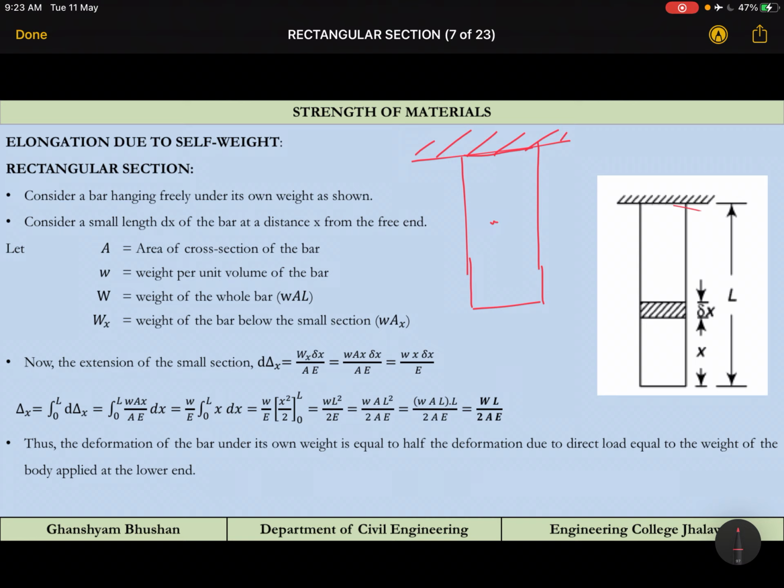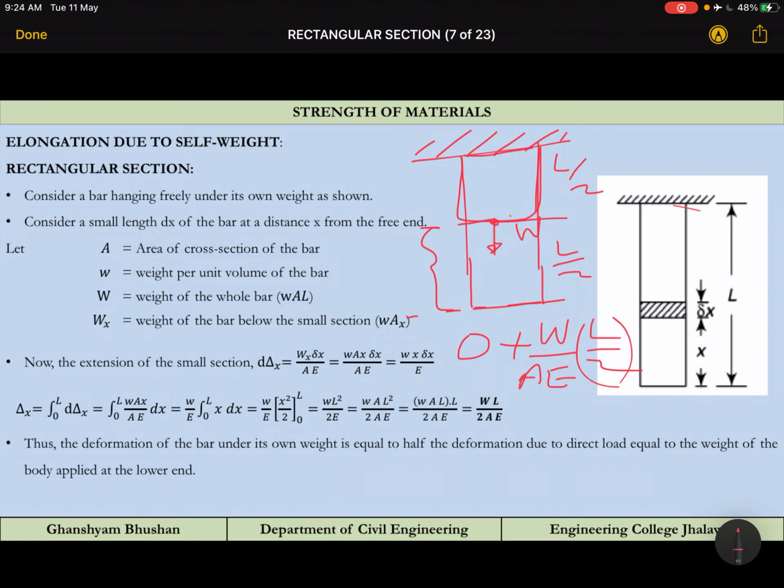The weight acts exactly at the CG, the center of gravity. So this is L by 2, this is L by 2. For this portion there is no weight, so the deflection will be 0. Plus for this bar, the axial load is W, so W by AE into the length, L by 2, so WL by 2E. This is one of the approaches, but we will be following the integral approach.